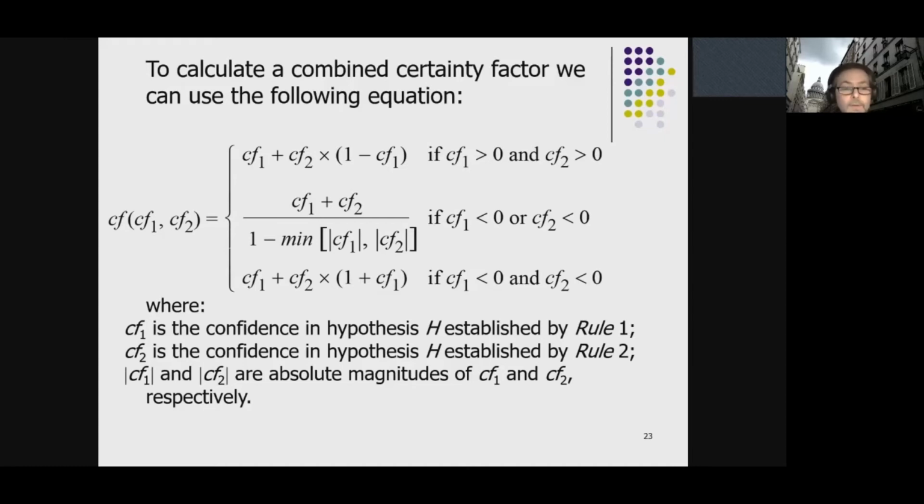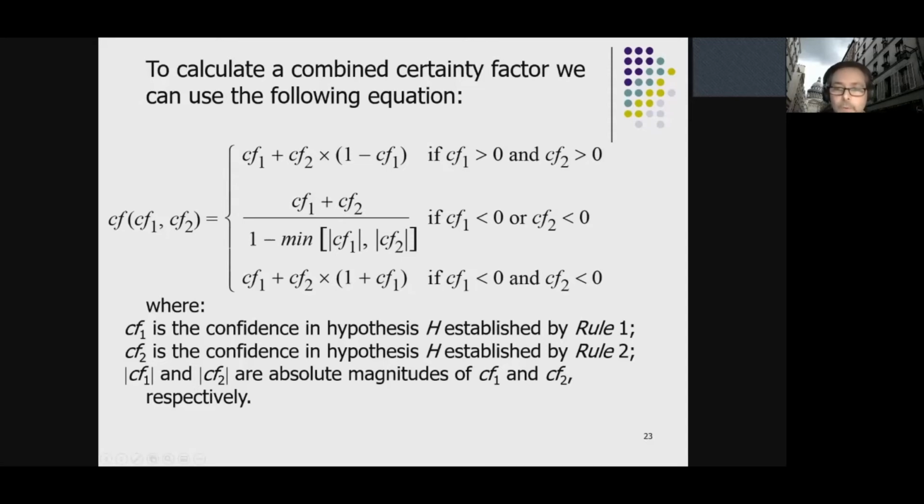They also use the absolute magnitudes of certainty 1 and certainty 2, as you can see in the equations. So it doesn't matter whether it's positive or negative because we use the absolute. It was always going to be positive. But as you can see, the formula proposes different relations depending on whether the certainty factors are positive or negative.